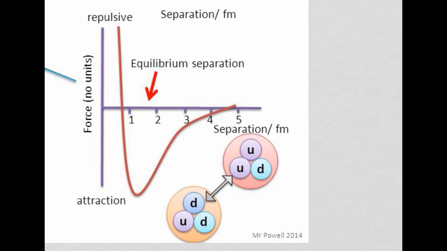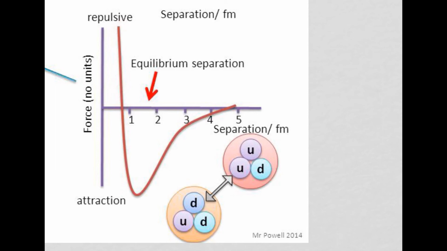So the strong nuclear force has the reverse effect, pushing them really far apart. In fact, at less than half a femtometer, it's completely repulsive. So here it's just not as attractive. The attraction's going down. But once you get to about half a femtometer, it actually becomes repulsive. It's going to push them apart.